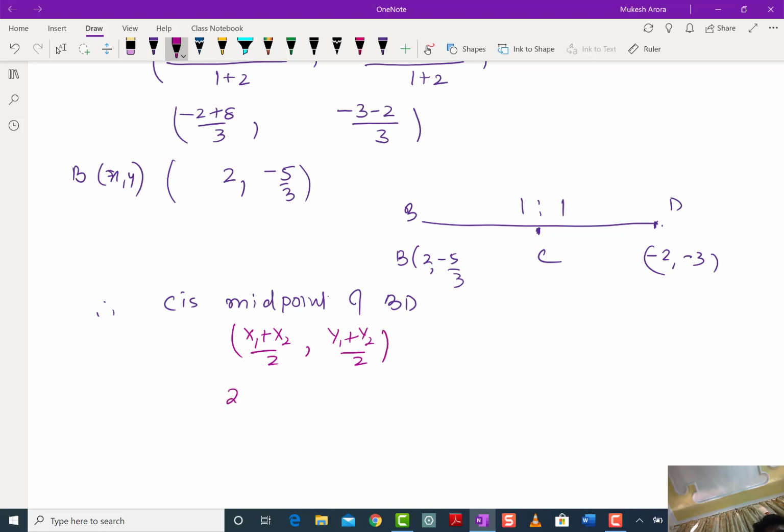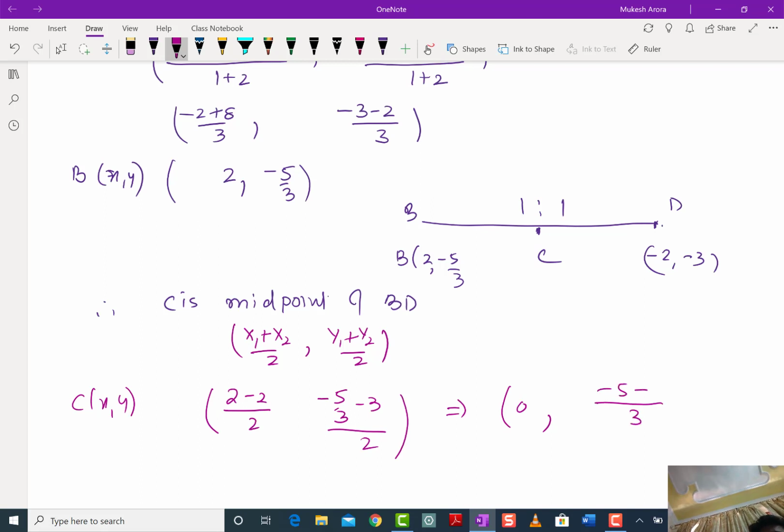So this will be 2 minus 2 by 2 and minus 5 by 3 minus 3 by 2. This will be 0, comma, this will be the points of C. 0, 3 is the LCM, minus 5 minus 9 into 2, 0, comma, minus 14 by 3 into 2, 7.